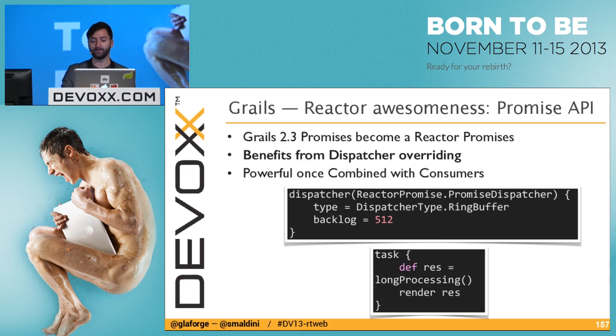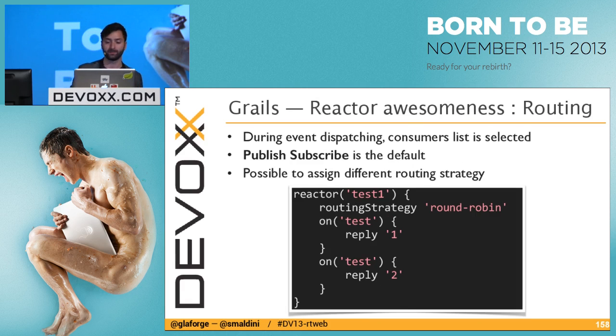And then you just have to use, well, that didn't scale quite well, but res equals long processing in a task. The static method coming from Grails promise support is going to return a Reactor promise. So the last block is typically standard Grails 2.3 coding, but just know that this returns a Reactor promise instead of a GPars promise.